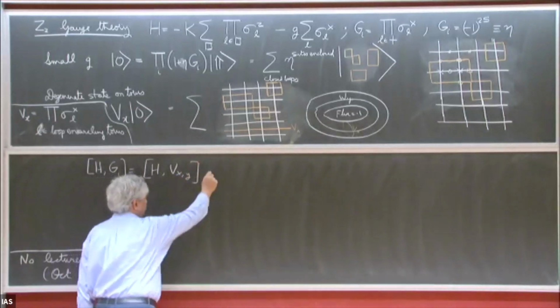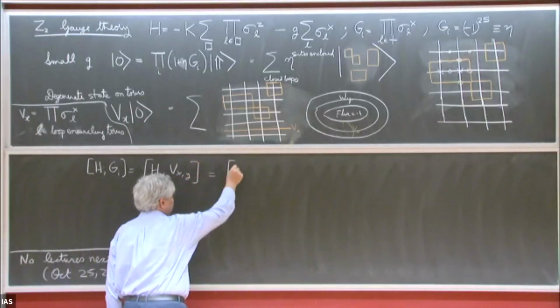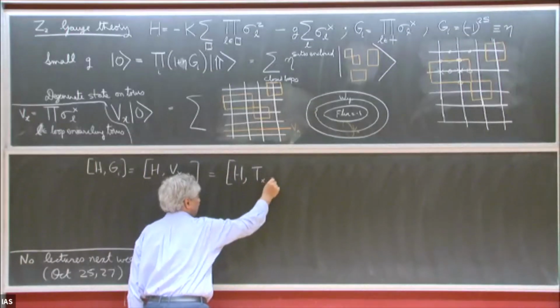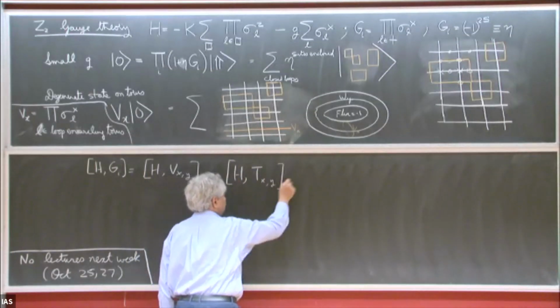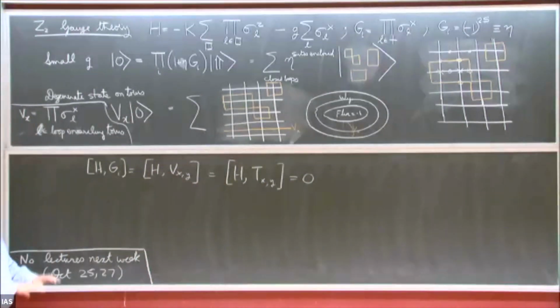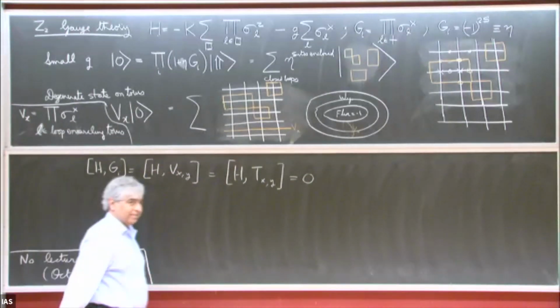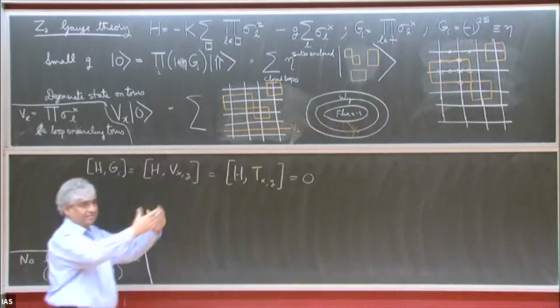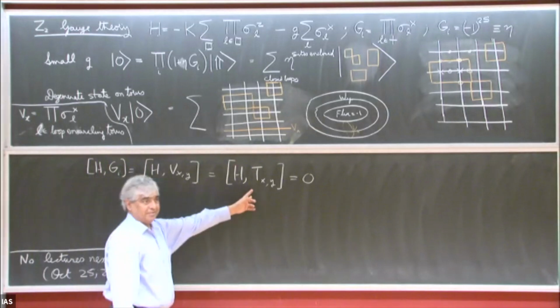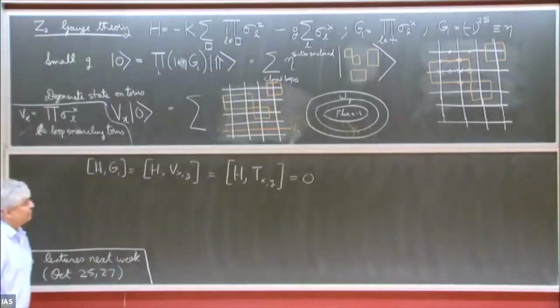But there's another set of operators on a torus, and those are the translation operators. These also commute. I can translate the whole lattice on a torus, provided I have suitable boundary conditions, just L by L torus. These also will commute with the Hamiltonian. Okay.